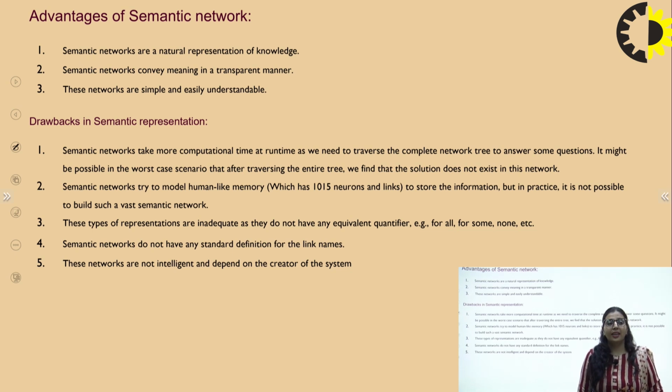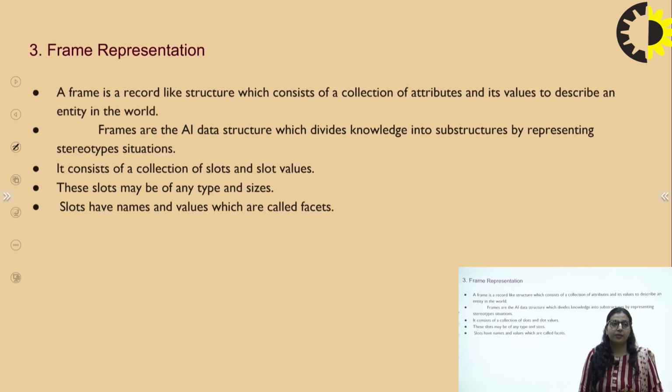So these networks are not intelligent and depend on the creator of the system, because only the person who creates the knowledge base can understand this kind of knowledge representation.